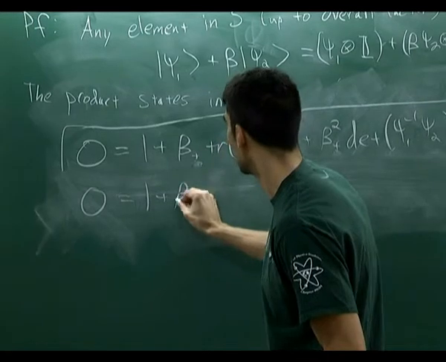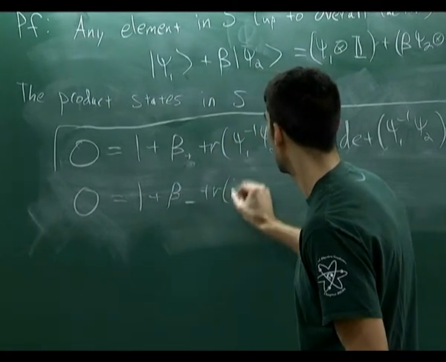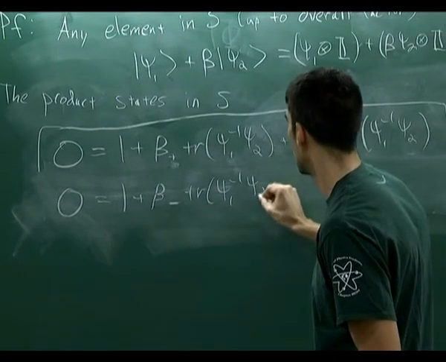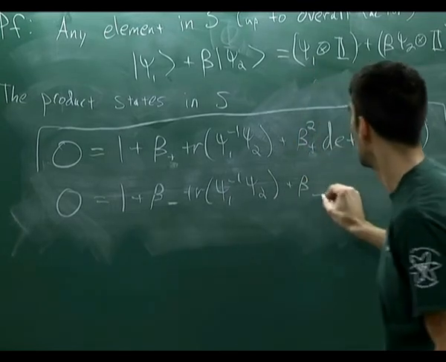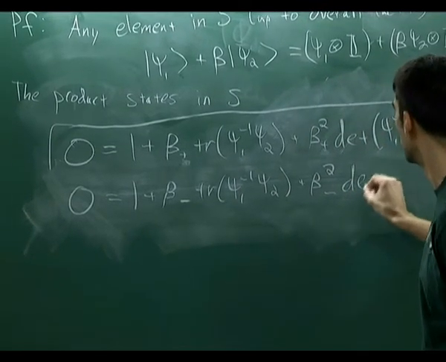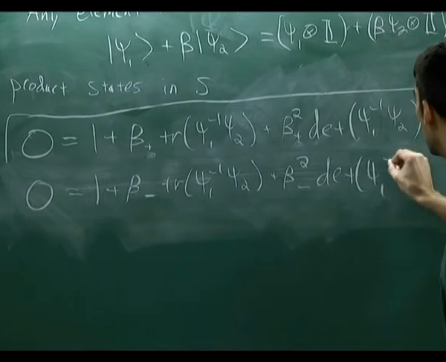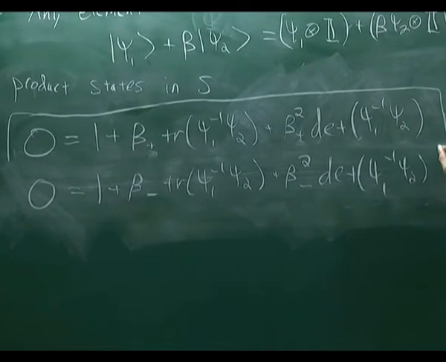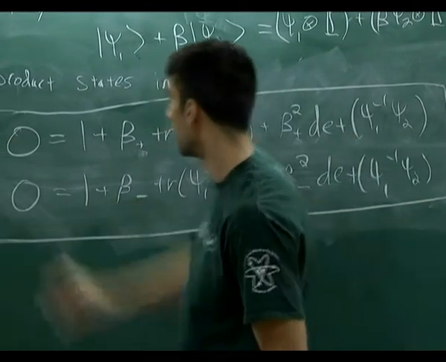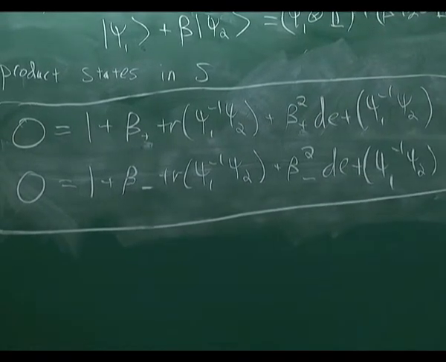One plus beta minus trace of beta minus squared, determinant psi1. Right, so we have two equations here, and we want to use this somehow.